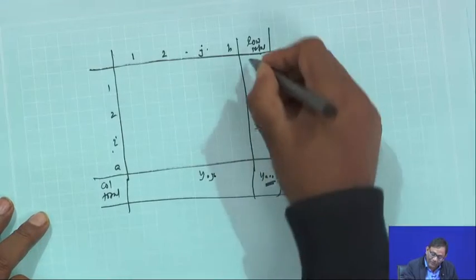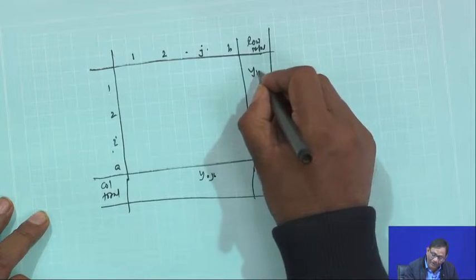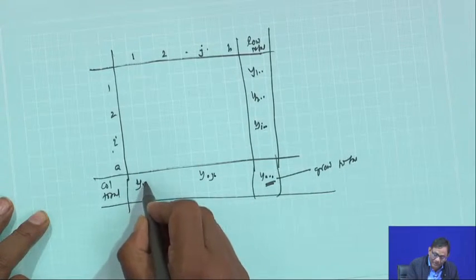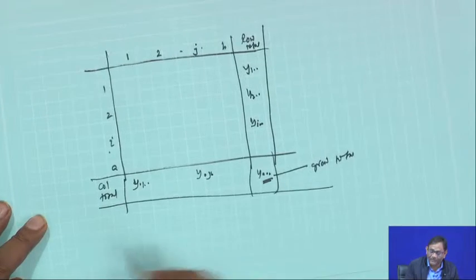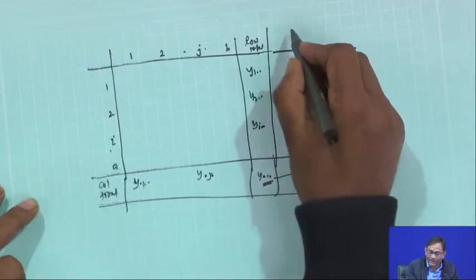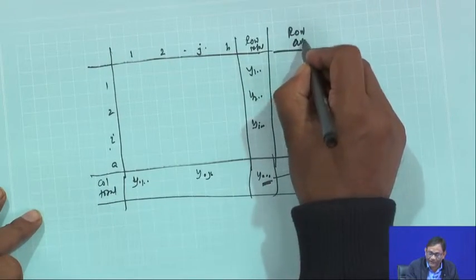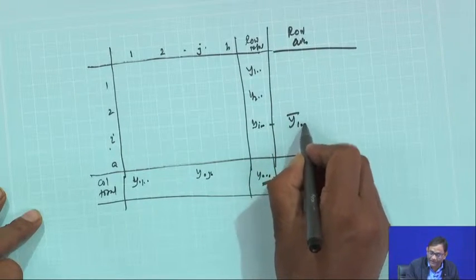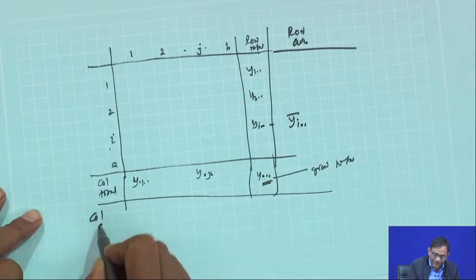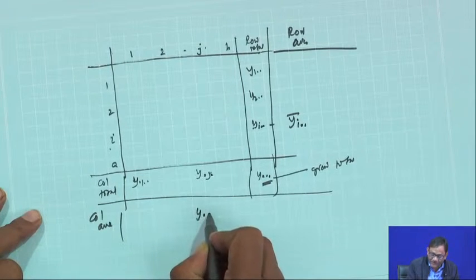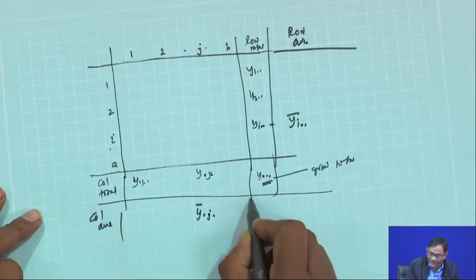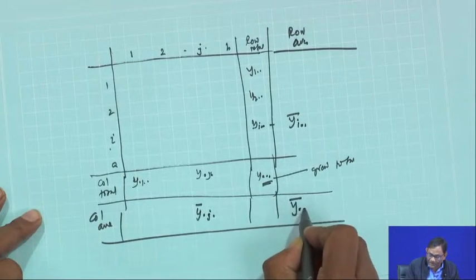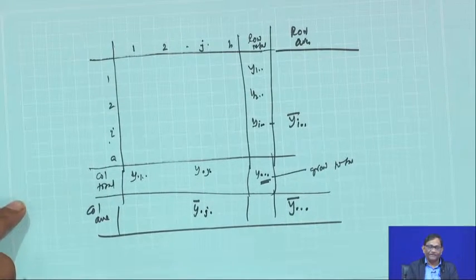The row totals are y_1.., y_2.., and so on; similarly y_.1. for columns, and then the grand total. You can then calculate the row average, y_i.. average, the column average, y_.j. average, and the grand average, y_... average.